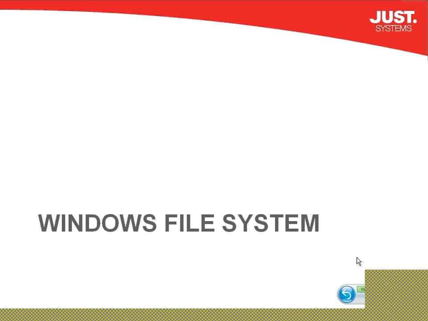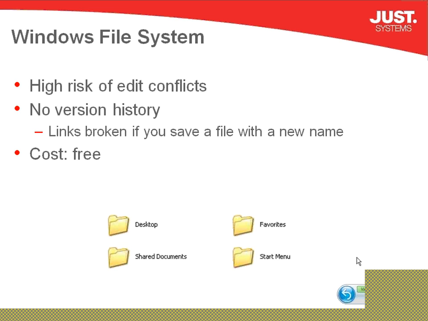Okay. So to start off, let's look at the status quo, if you aren't doing anything. We'll just call this the Windows file system. It could be your local machine, or a network share that multiple people are using. The main advantage of the Windows file system is that you don't have to pay to use it.